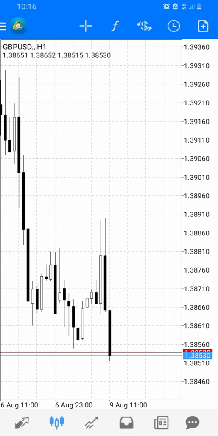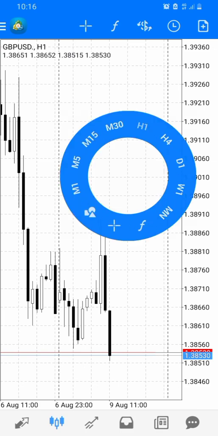M15, M5, M1 represent 1 minute. MN represents a month. W1 represents a week, 1 week. So that's how this thing happens here. Understand the time frame. This is what is called time frame.